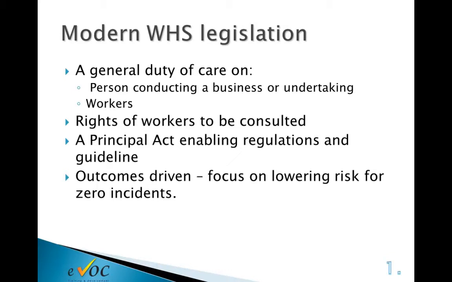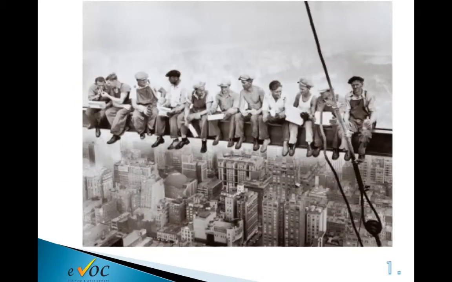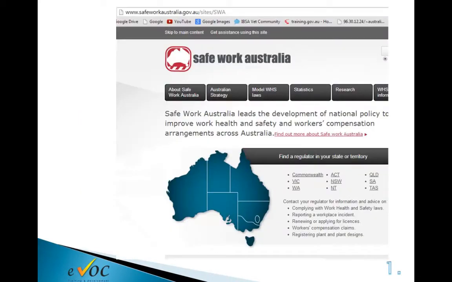And finally, it's all about being outcomes driven. No longer is a workplace death just something to expect. It is now about performance measures that focus on lowering risk levels of hazards.